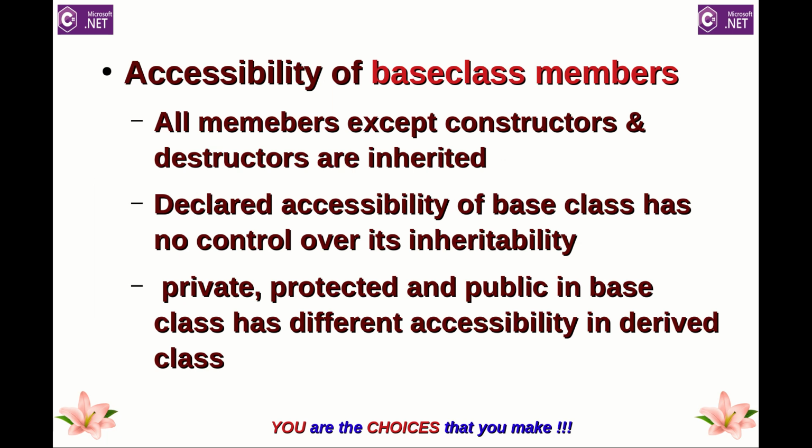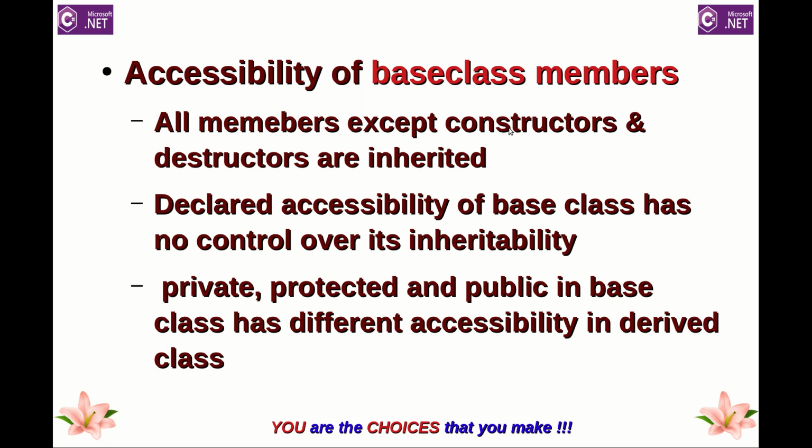Now when you take the accessibility of the base class members, these are the important properties that you have to remember. All the members except constructors and destructors are inherited from the base class to the derived class.